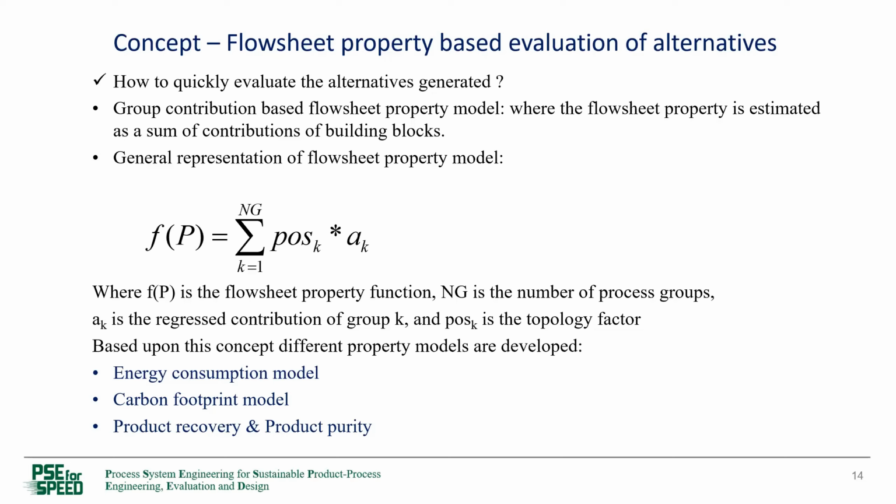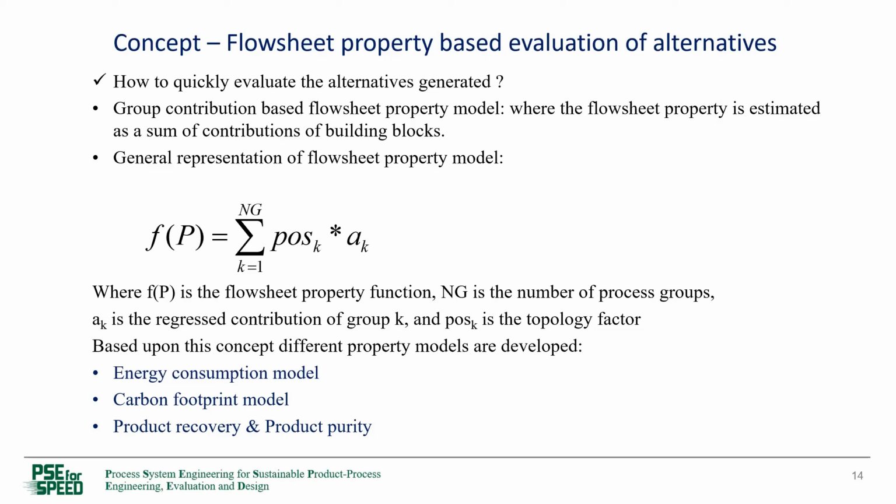Then the question is, how do we get the value of A? It is exactly the same way as we develop property group contribution based property models. We collect data of hundreds of molecules and their property values, like boiling point, and then we find out the contribution of each group to the molecule and for the property.